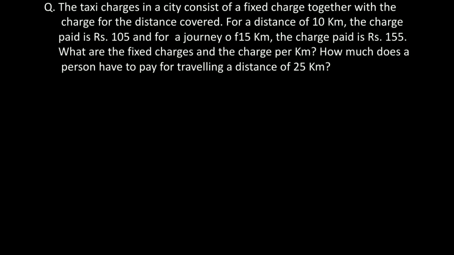What are the fixed charge and the charge per kilometer, and how much does a person have to pay for traveling a distance of 25 km? It means for a particular journey, we have to give a fixed charge plus charge per kilometer. So let's start the solution.